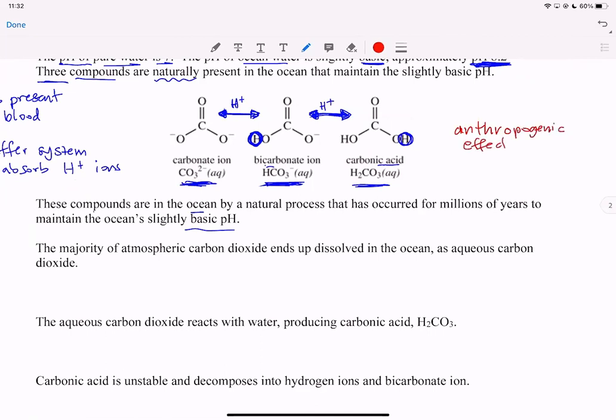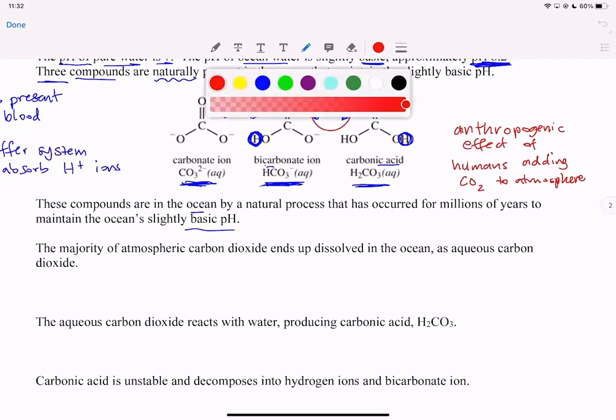The anthropogenic effect of humans adding carbon dioxide to the atmosphere leads to an overall effect of increased hydrogen ions.